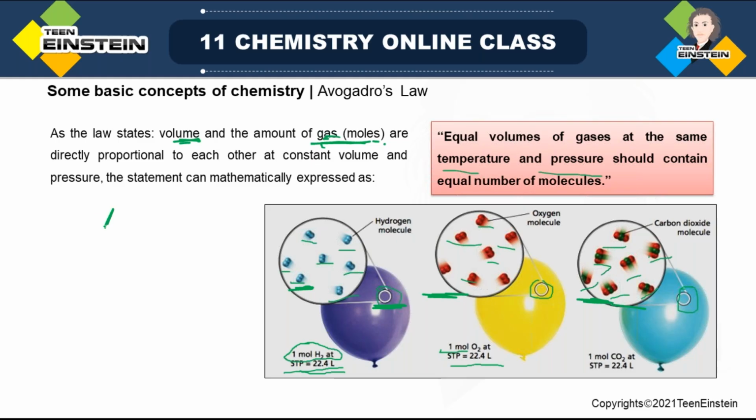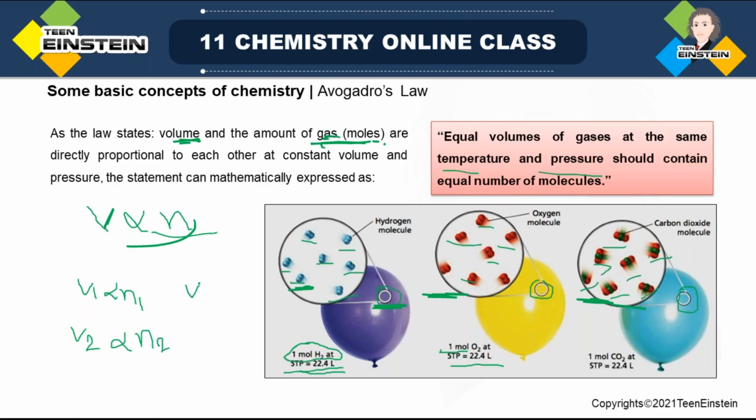Now I can say that volume V is proportional to n, where n is the number of moles. If you remove this proportionality sign, you can fix some constant, and then it will be V equals constant into n. When this type of proportionality is present, suppose V1 is proportional to N1, number of moles, and another volume V2 is proportional to N2.